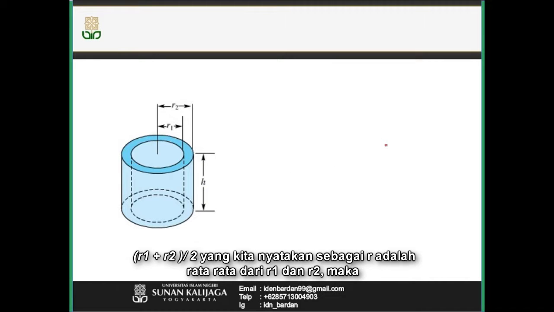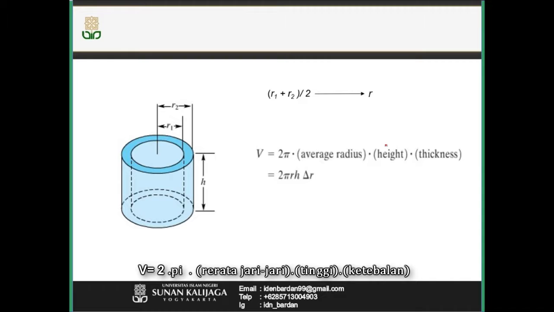The expression (r1 + r2)/2, which we will denote by r, is the average of r1 and r2. Thus, V equals 2π times its average radius times its height times its thickness, which is 2π r h Δr.